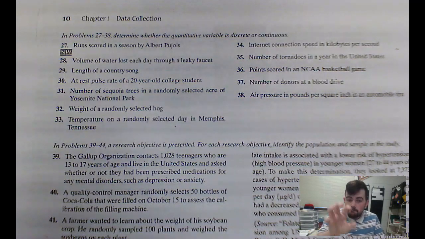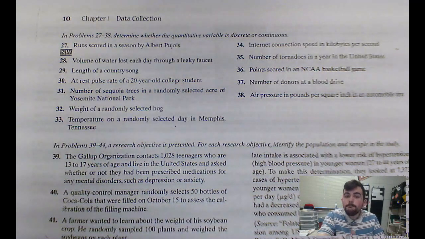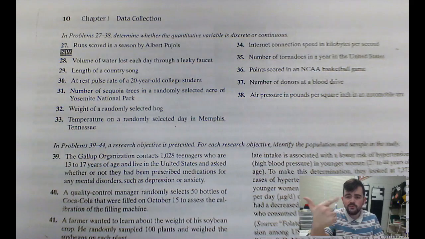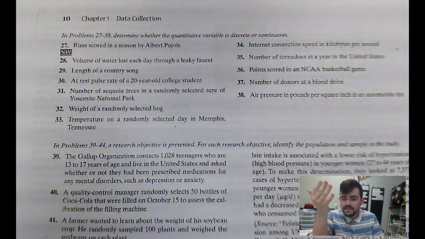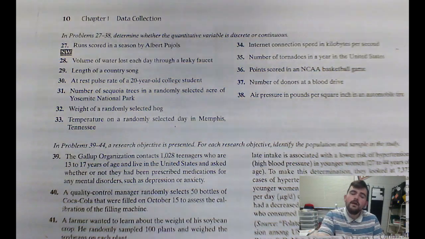And the thing that makes it continuous is the fact that you would be measuring the length of the country song, not counting. I mean, unless you're going 1, 2, 3, 4, 5, but still the measurement is the fact that you're measuring. So the length of a country song is continuous.